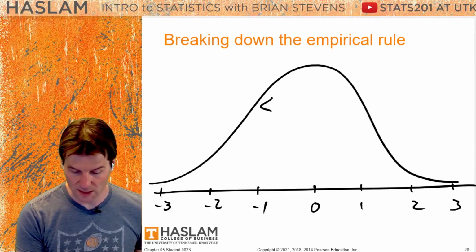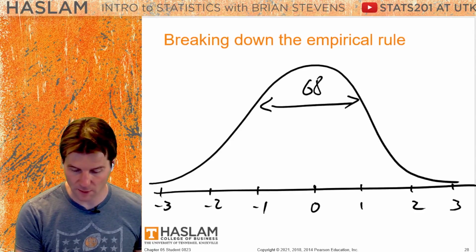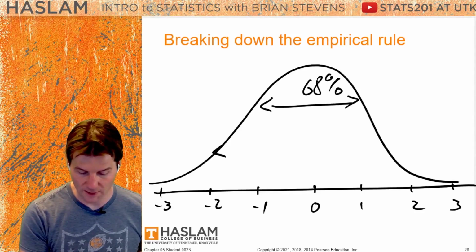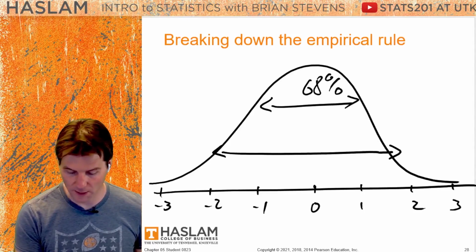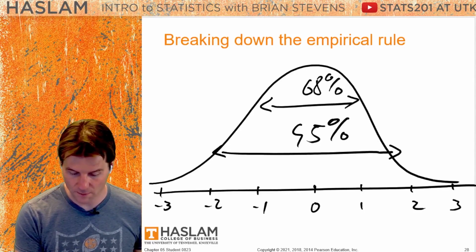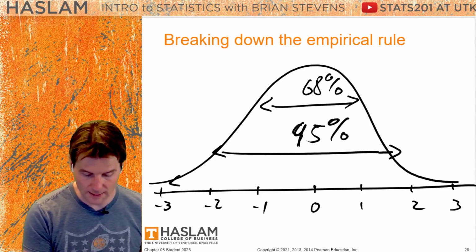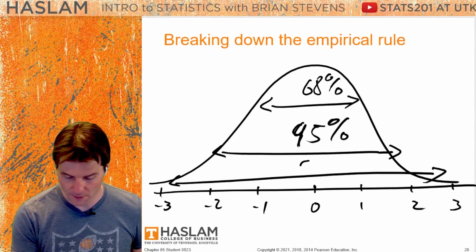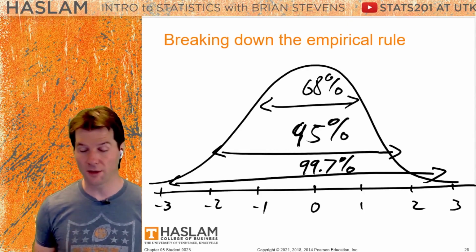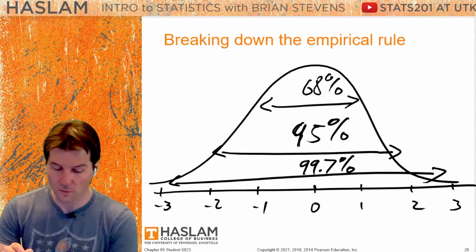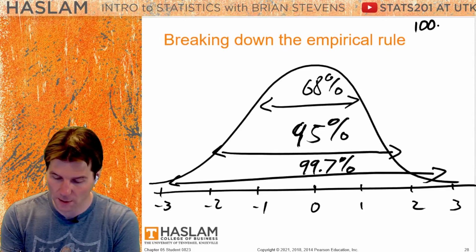And then we'll put 68, within positive and negative 1, 95, within positive and negative 2, and 99.7, within plus or minus 3 standard deviations. Now we do what I call the inside-outside trick. You take 100, subtract 68, and divide by 2.